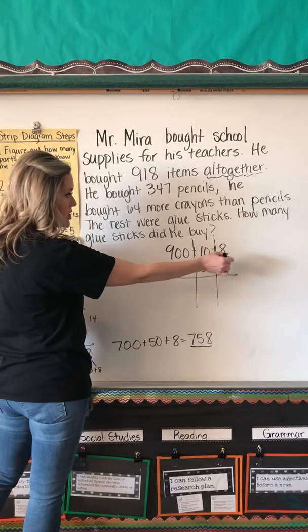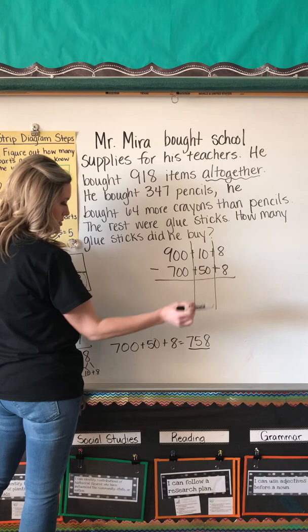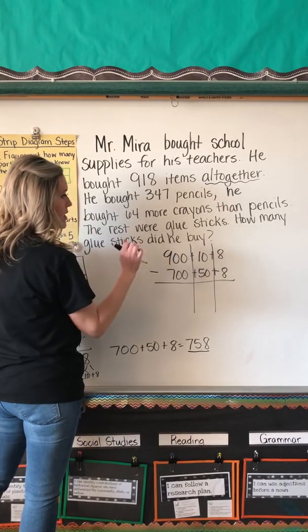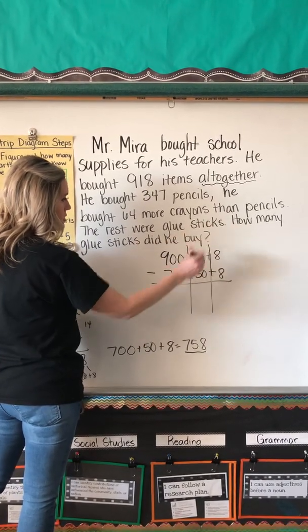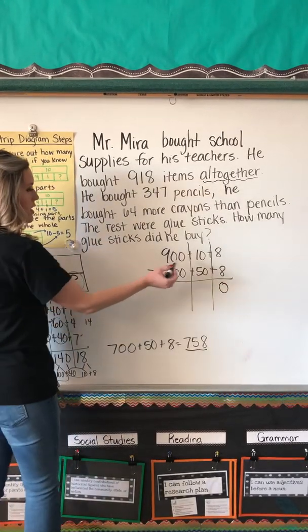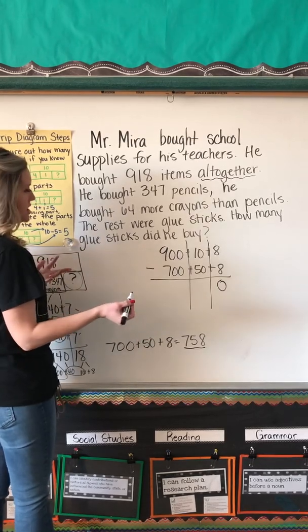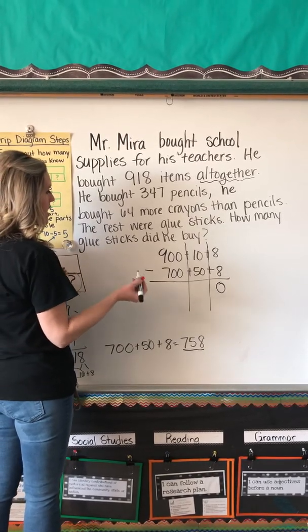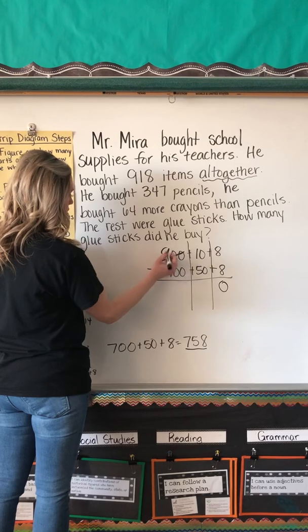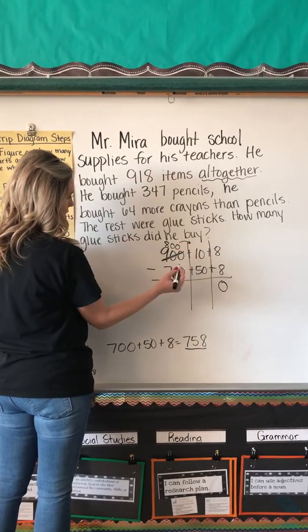I have to start in the ones place, and I have to go from the top down. A lot of students will try to go from the bottom up, so make sure you always start at the top and go down. 8 minus 8 is 0. I have 10 minus 50 here, which I can't do. I can't take 50 away from 10. So I'm going to move a 100 from the hundreds place over to the tens place.